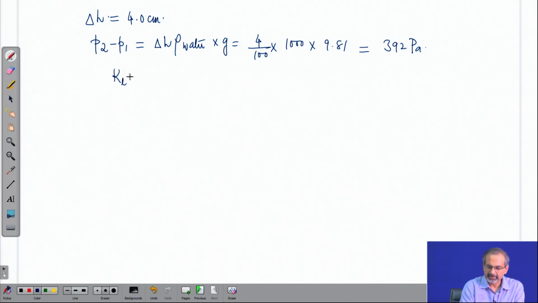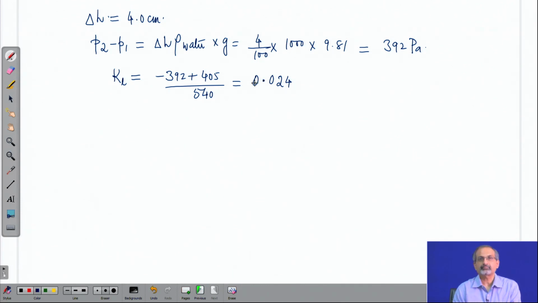Now, you plug it into the K L expression. So, it will be minus 392 plus 405 by 540, it comes to 0.024.